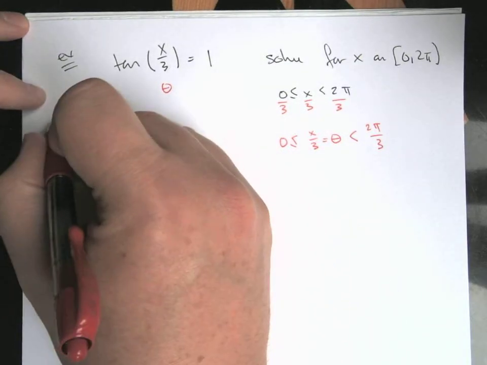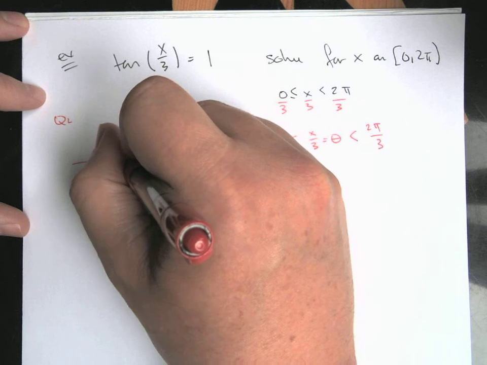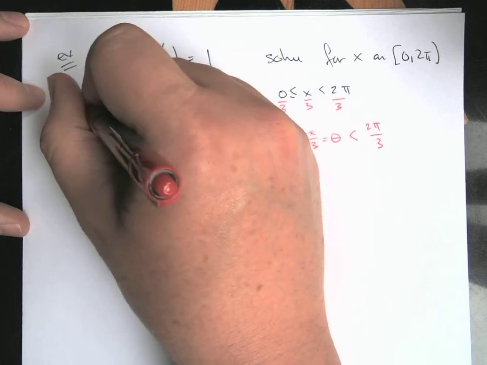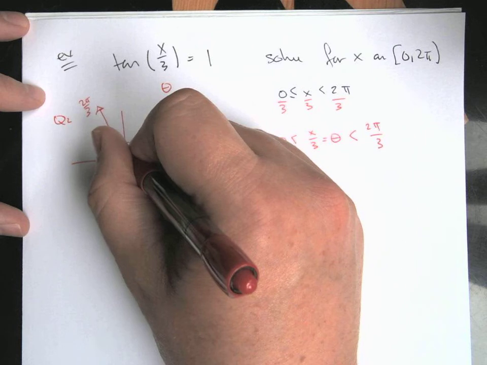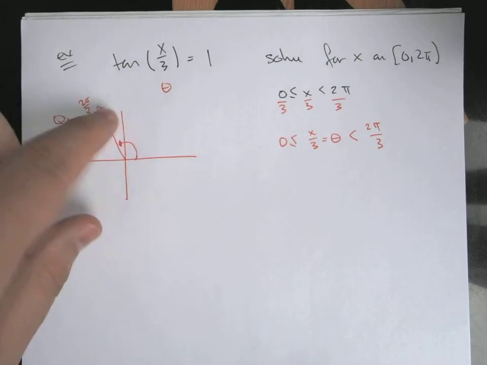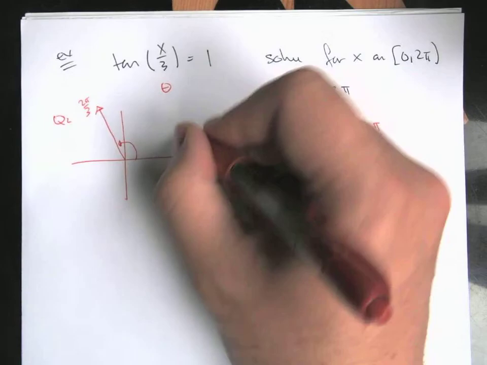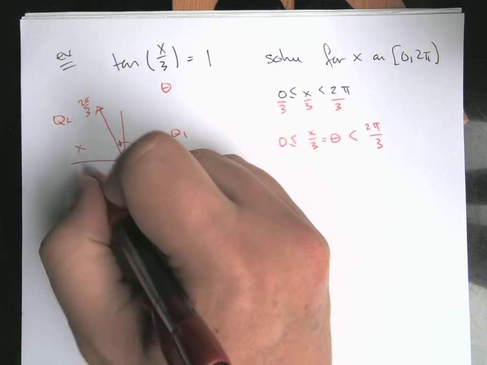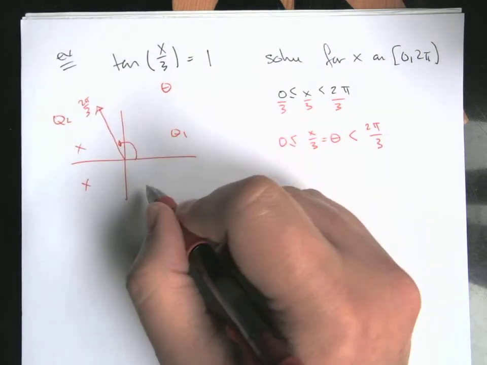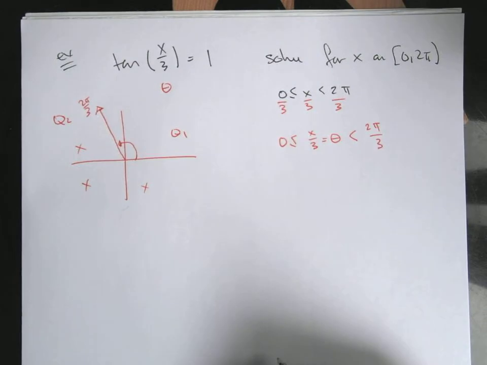In quadrant 2, somewhere up here. So we're only working in this window. We're including all of quadrant 1, but not most of quadrant 2, and not any of quadrant 3 or quadrant 4.